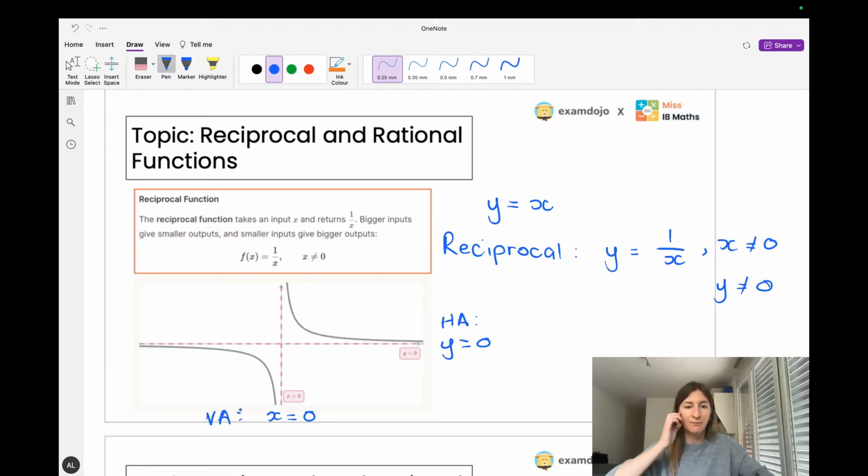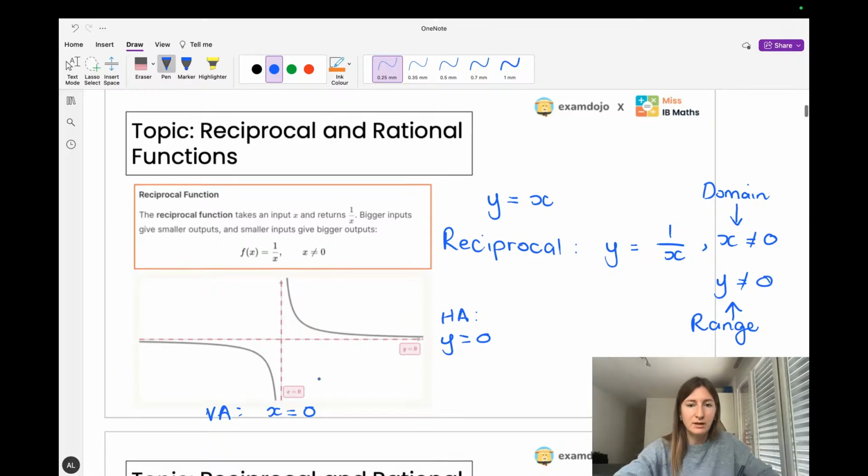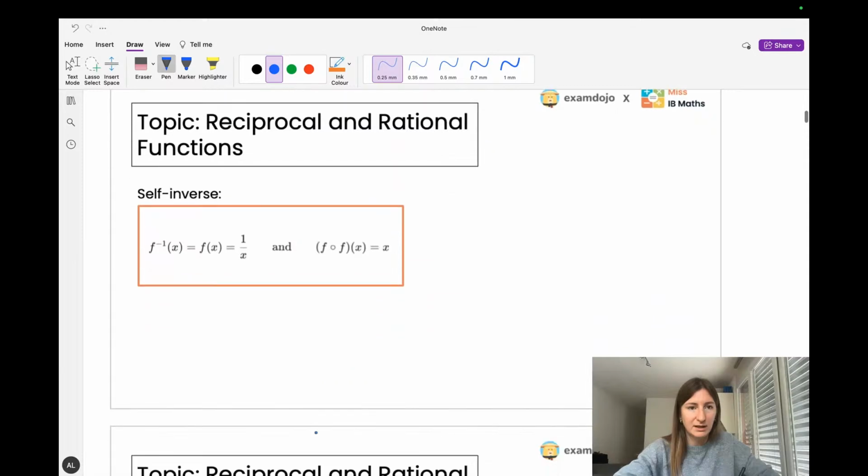These two are very much linked. So this would be our domain and range for y, and the asymptotes are what we cannot have in our domain and range. You can always figure them out together like that.